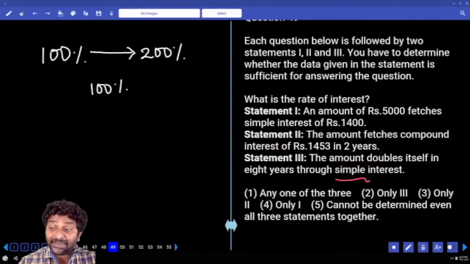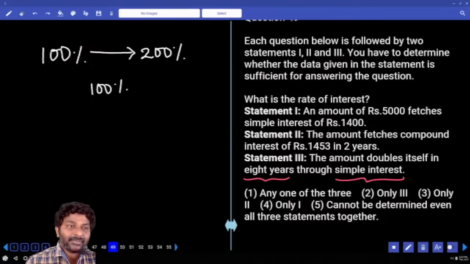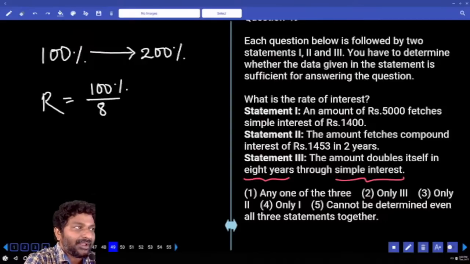Which type of interest is this? Simple interest. And this is for how many years? 8. Then every year it is the same interest only. Then R value is equal to 100 divided by 8. We are able to answer it. Agreed or not? So the third statement alone is sufficient.